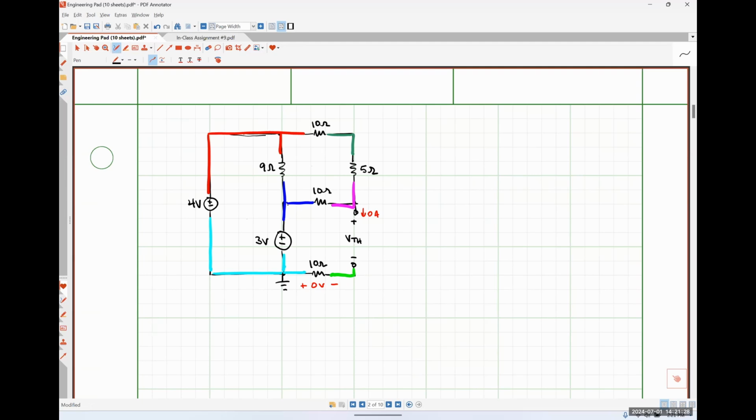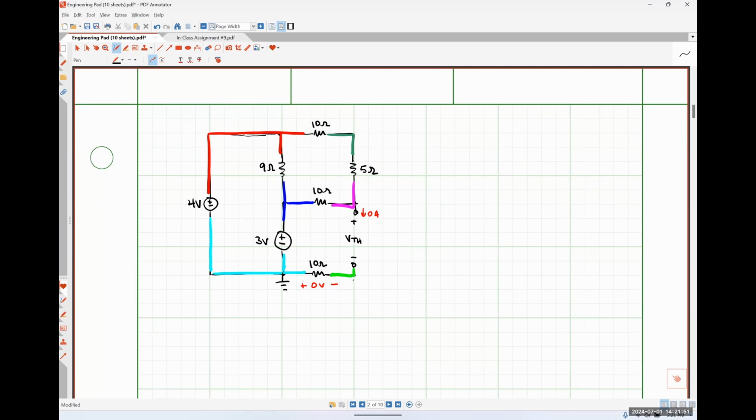And I know the nodal voltage at the blue node, or the dark blue node, is 3 volts. I also know that since there's no voltage drop across the 10 ohm resistor on the bottom right, the light blue node and the light green node are effectively the same node because they're both at ground.